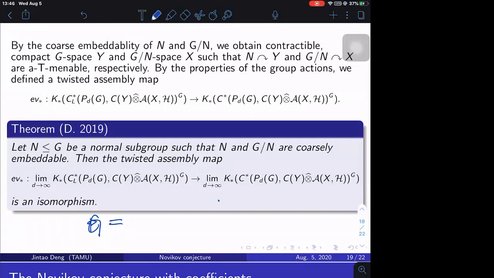Just decompose G as those cosets, and each of them is actually a copy of N.